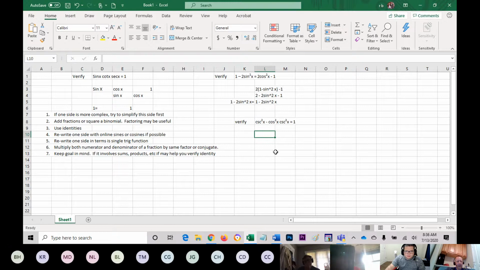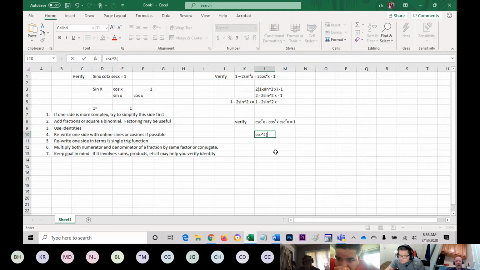Okay, I'm going to give you a hint here. Item number 2, factoring may be useful. That's your hint. Okay. So you got the cosecant squared of x times the negative cosine squared of x equals 1.